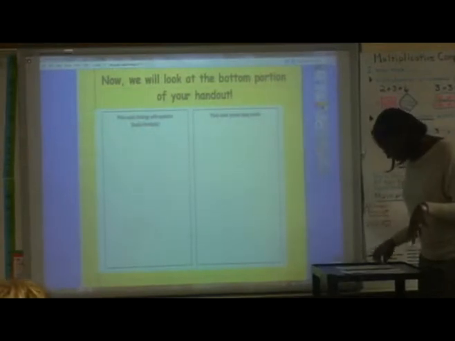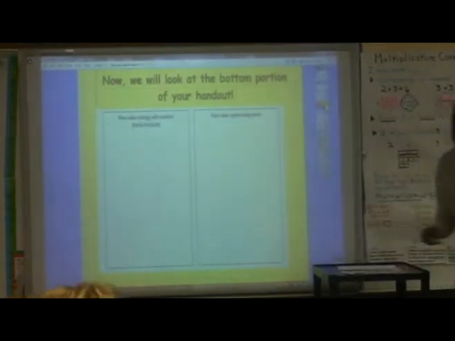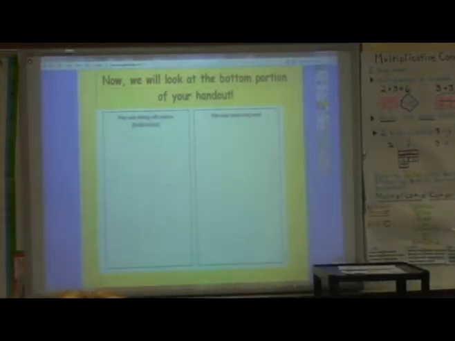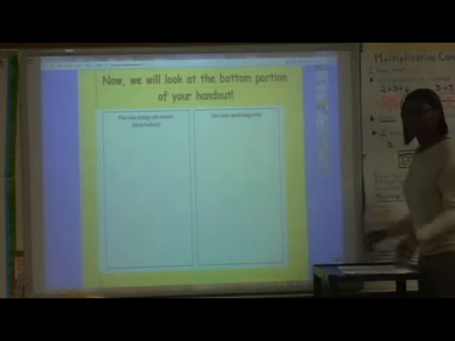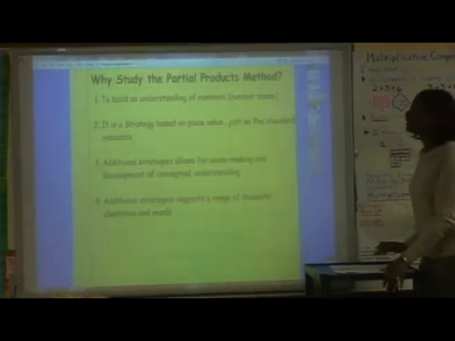So the side where you worked, I think it was 7 times 13. Can you flip back over on the bottom half of that sheet? Partial products method.